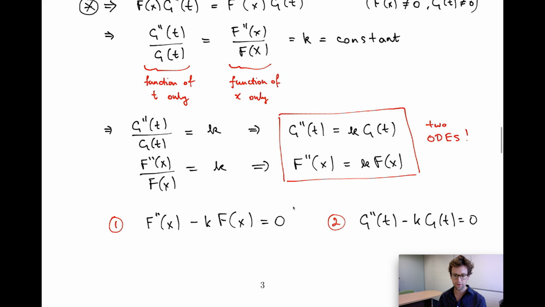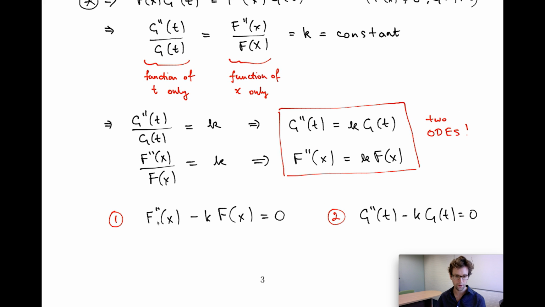Now you can see that both of these are second order homogeneous ordinary differential equations, and we can figure out the initial conditions or boundary conditions for these two equations in order to solve them using our standard techniques for solving second order ordinary differential equations.